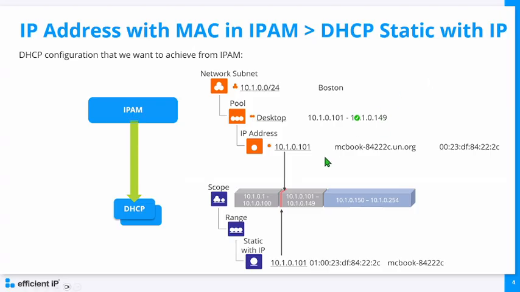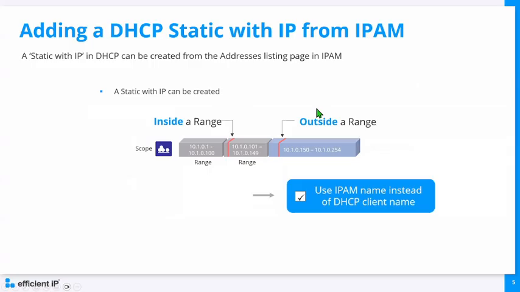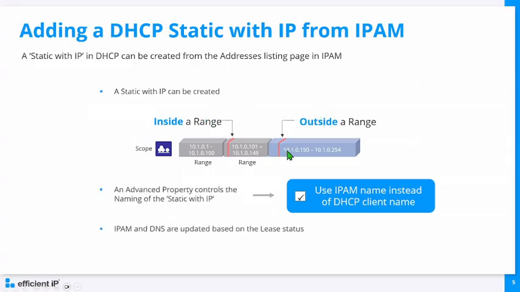Okay, right? Good. Now, where can you create the static with IP? You can create it in a scope. So you can see you have a scope, and you have two ranges in the scope. Example here, you have a laptop range and you have the desktop range.